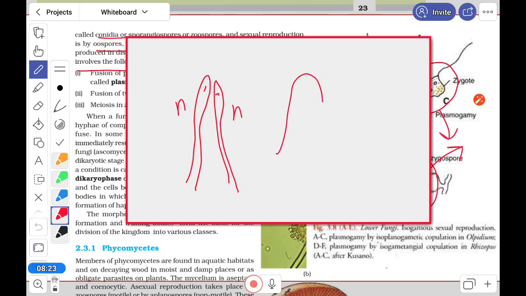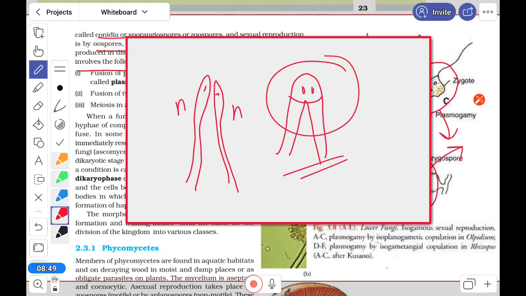When they fuse together, the nuclei still do not fuse, so that one cell carries the 2 nuclei. This phase is known as the dikaryotic phase, and it is called the dikaryon. So that is the basic idea about reproduction.